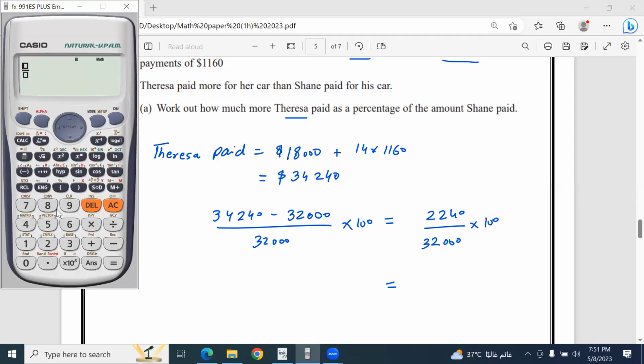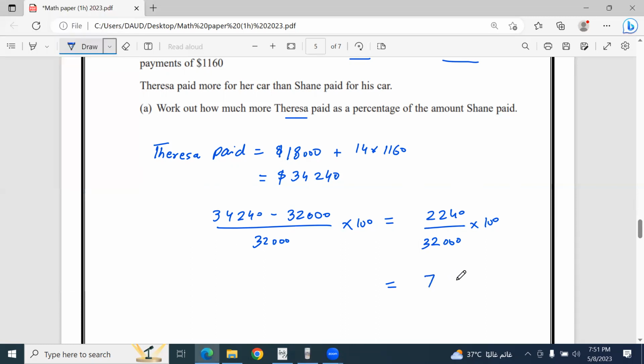So we can check here, 2,240 divide 32,000 multiply 100, it gives us 7. So 7% is our answer. So how much more Teresa paid as a percentage? That is 7% more she paid than Shani paid the amount.